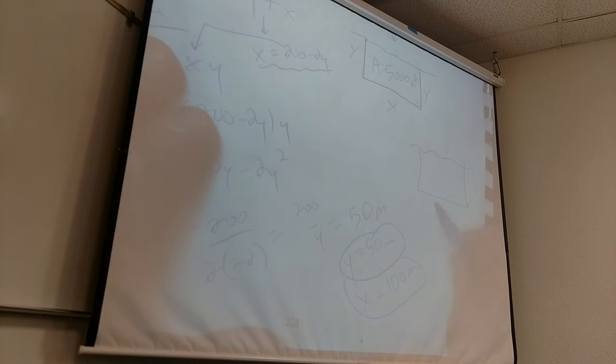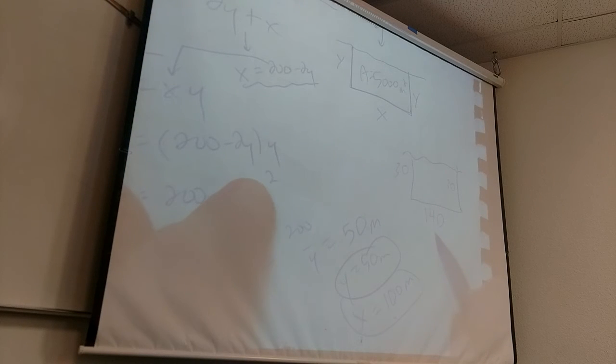Now watch. Let me do this again. If I were to just guess, let's say I make this side, I don't know, 140. How much do I have left? 60. So that would mean these two sides would be 30 each, right? What would the area of this be? What's 30 times 140? I'll tell you. 4,200.